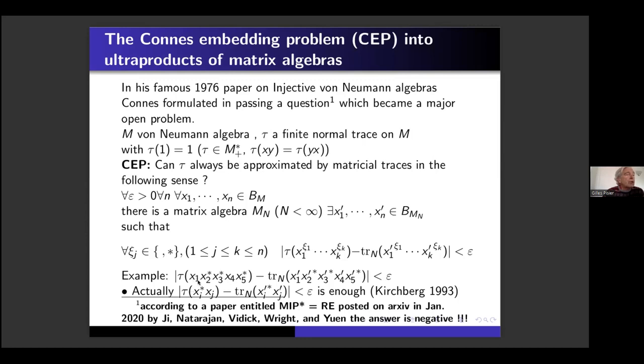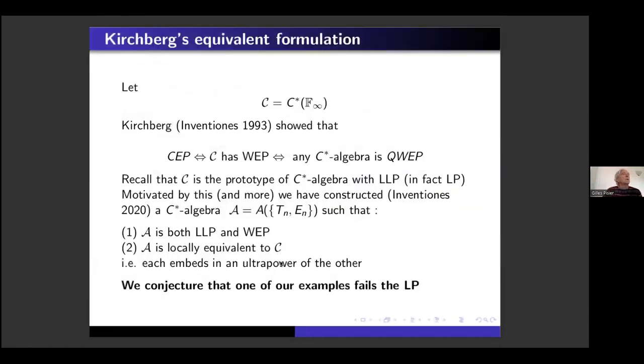So if you just have length 2, if you just have the approximation like this with xi star xj, I don't have to put it in the other direction because we are dealing with trace, okay? So tau of xi star xj should be close to the corresponding trace of the matricial approximations. This is enough, okay?